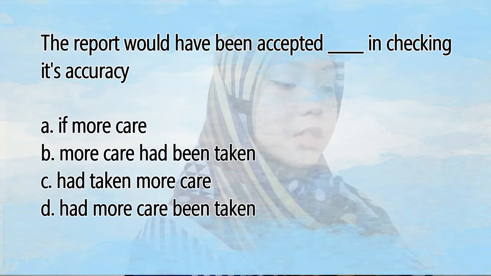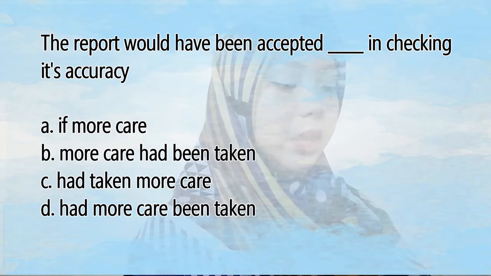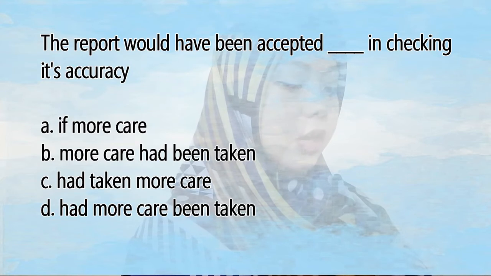There is an option A, if more care; B, more care had been taken; C, had taken more care; D, had more care been taken. So here is the word more care, which is a noun, and we can use it as a subject for this sentence.